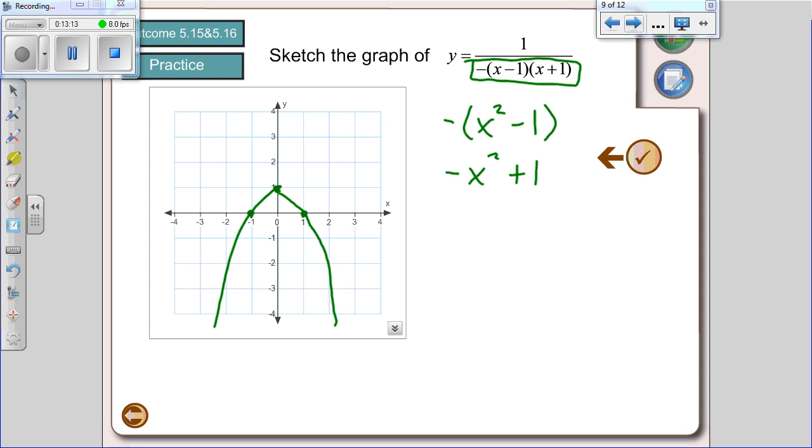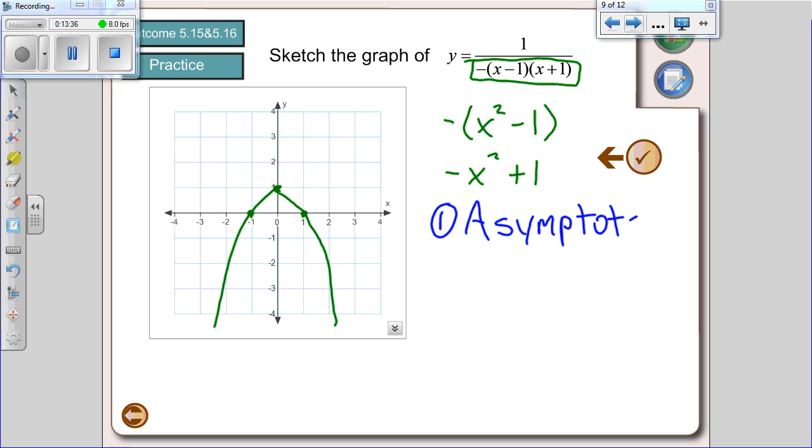Okay, so we've drawn this. It looks so good. Now we have that, we can reciprocate it. What's your first step to reciprocating a graph? Asymptotes. Your asymptotes are where on a graph?